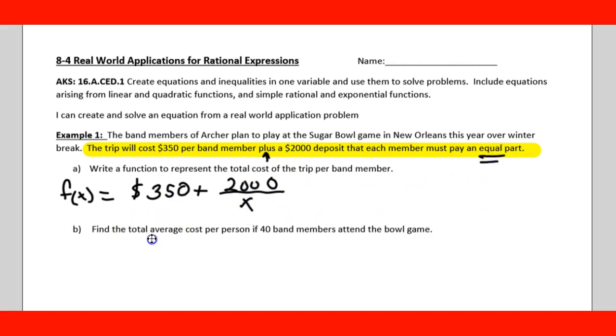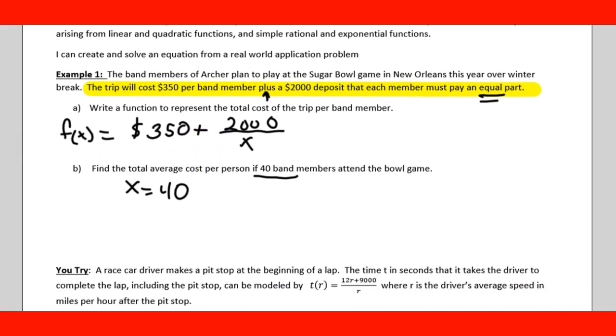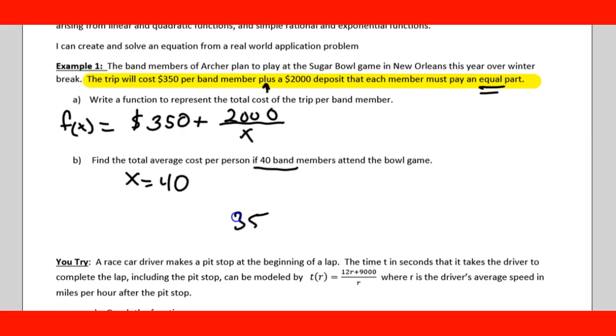Now it says find the total average cost per person if 40 band members attend the bowl game. So we know X is 40, because it's 40 band members. I take this equation and plug in the 40.